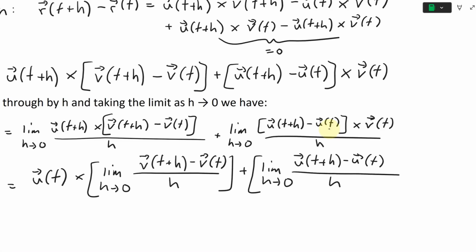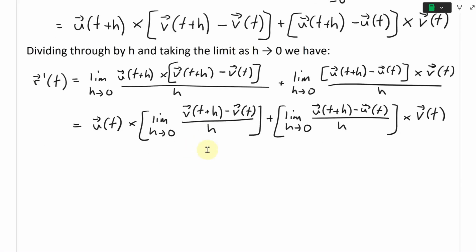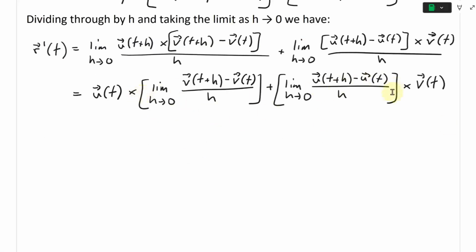And then I'll just put it here. Now we cross with, and then we just take this limit inside this one. This one doesn't even have an h there. So we could just leave it like that. This is v of t, like that. All right, and here I just shifted this over so it fits in one line.